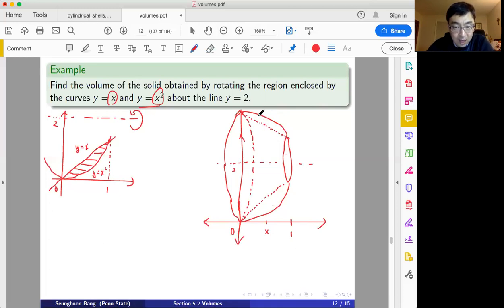The outside has one big circle. The inside has one small circle. So what's that? This is a washer. So we have a washer, like this one.